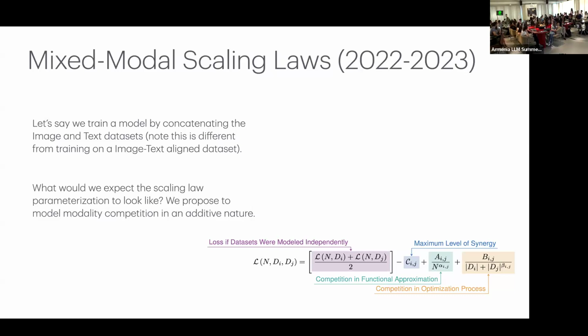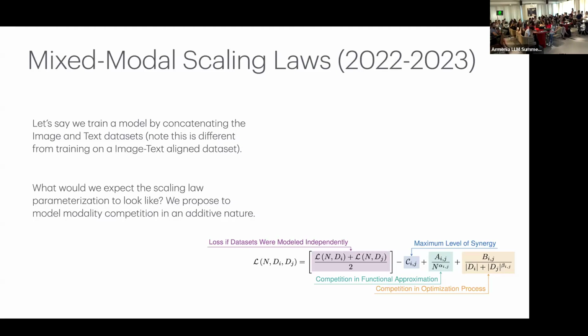Hey, over here. If we just ignore the approximation and estimation errors for now, on the left-hand side we have the loss if we model both data sets jointly with n parameters. On the right is the average loss if we model the data sets separately with n parameters.